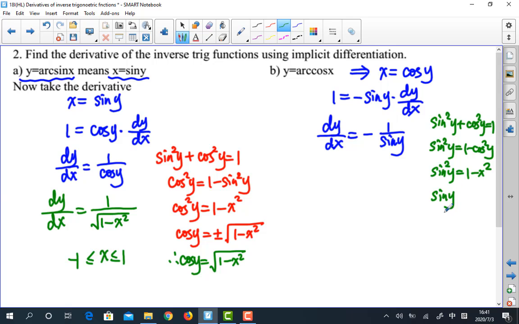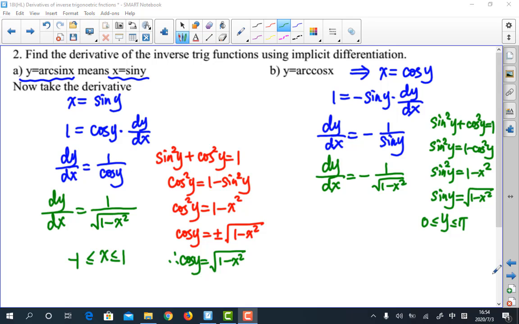The angle y is between 0 and pi inclusive, from the first quadrant to the second quadrant, where sine is always positive. Therefore, sine y can only be the positive square root of 1 minus x squared. So dy over dx is negative 1 over square root of 1 minus x squared. This is the differentiation of arccosine x.